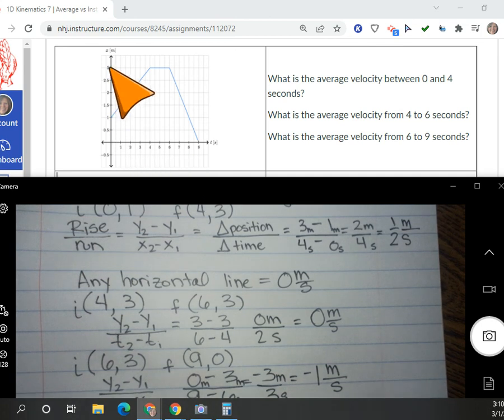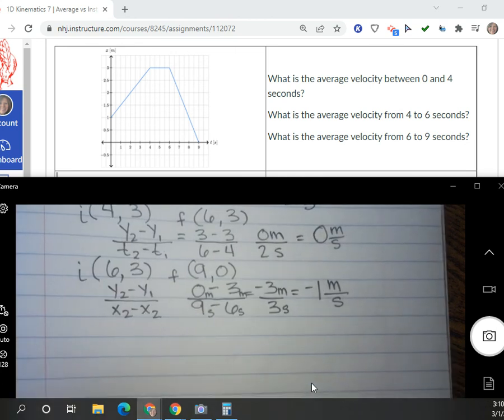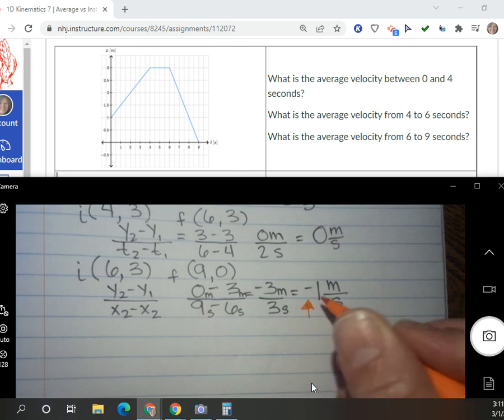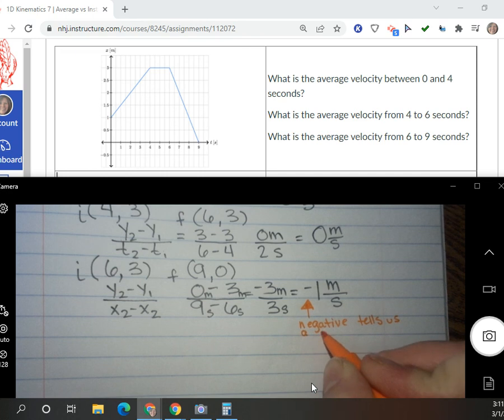Then we sat there and waited at 0 meters per second. And then we went back to the origin at negative 1 meters per second. So that negative tells us a direction. Let's make sure that we take a big note of that. In this case, that direction is back to the origin.